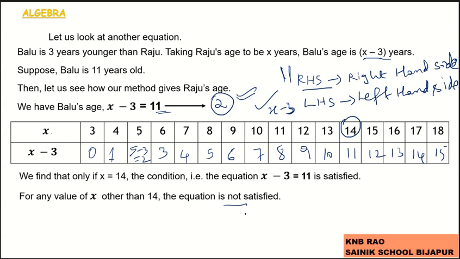Children, therefore I can say Raju's age is 14 years. When Raju is 14 years old, then only Balu is 11 years old. So, here x equals 14 is called the solution of the equation.